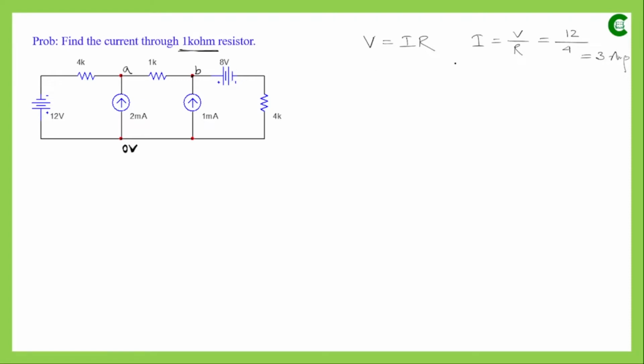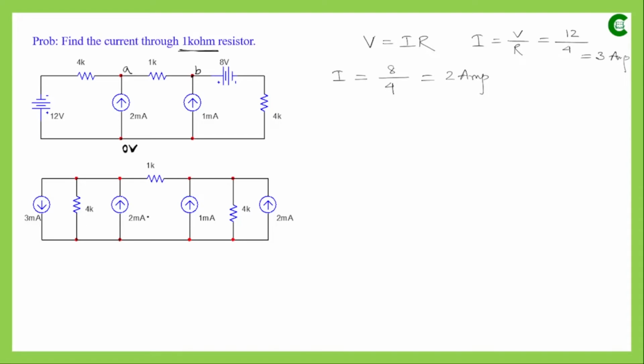Here also we find the current value using Ohm's law, and this time it will be 8, which is the voltage value, divided by 4, so it will be 2 ampere. And in the transformed circuit, as we know, with those current sources these resistances will be connected in parallel. So after transformation, let's redraw the circuit and then we will apply node analysis.